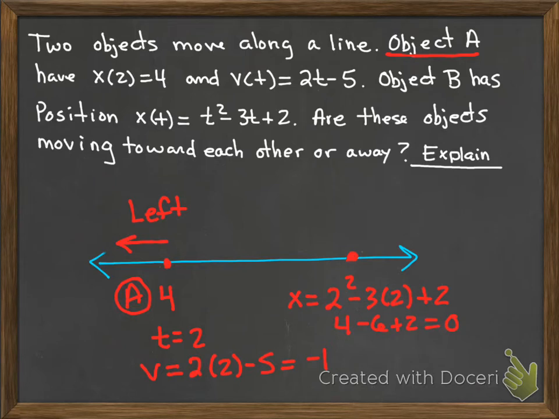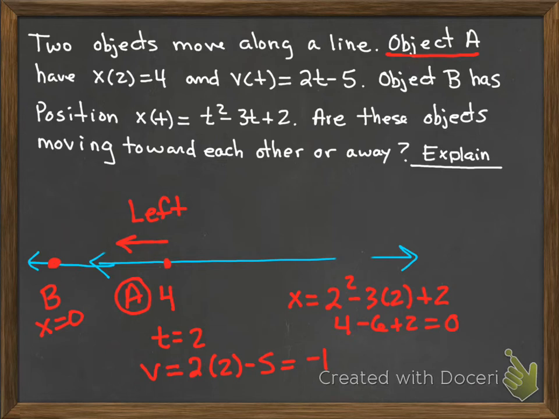So as we look at this, it's actually not here as we had originally drawn it, but it's over to the left of point A. So here's point B at x equals 0.